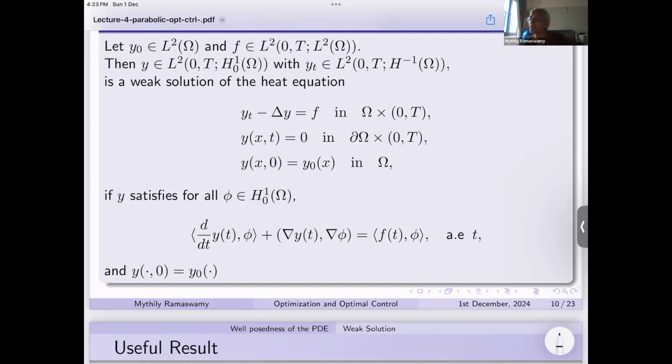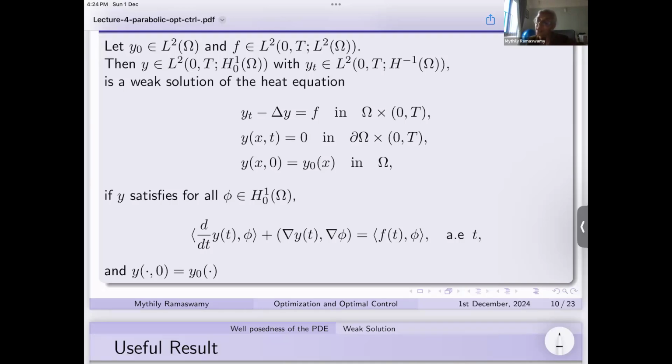Remember, H1_0 is a Hilbert space. So this is the inner product in that Hilbert space. The next one is what we can guess. It was similar in the elliptic case: the gradient of y(t), remember, y also depends on t. So this happens for every t, but these are all only L2 functions, so I have to say almost everywhere in t.